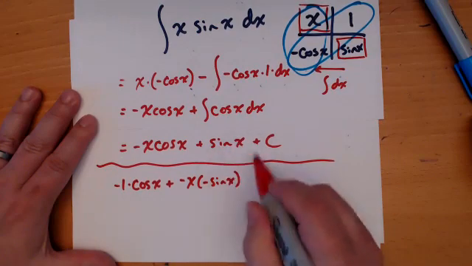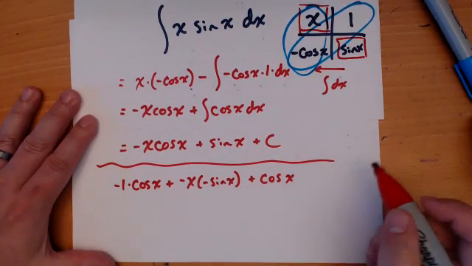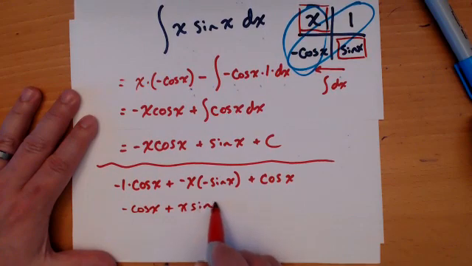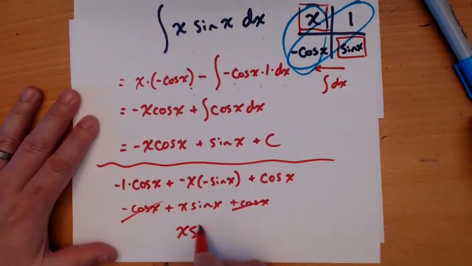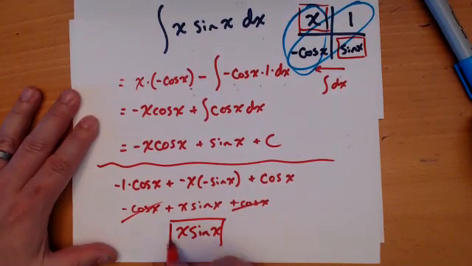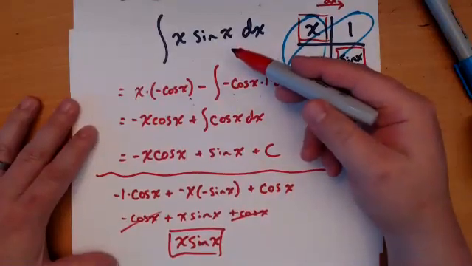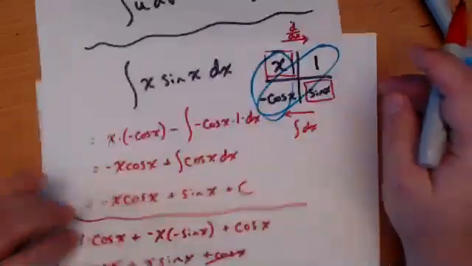And now the derivative of sine is cosine. And I get negative cosine of x plus x sine of x plus cosine of x, and those cancel, leaving me just x sine of x, which is what I started with. All right, let's do some more.